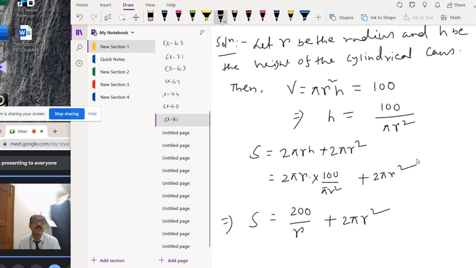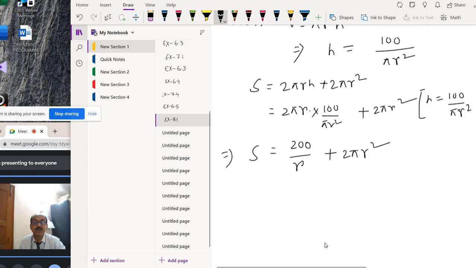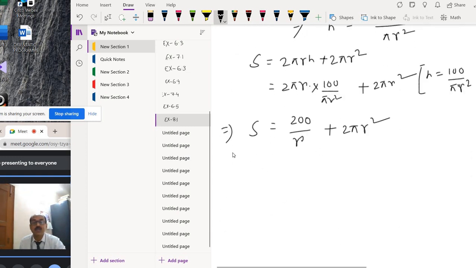And we know h is equal to 100 by pi r square. Now differentiate both sides with respect to r.